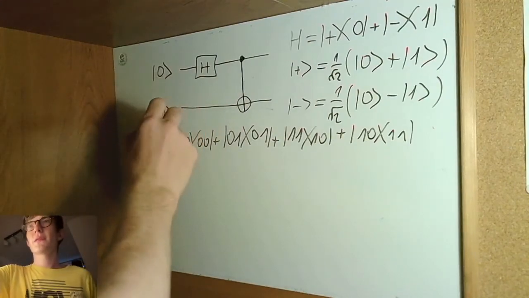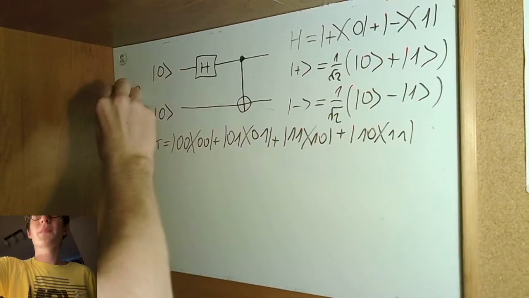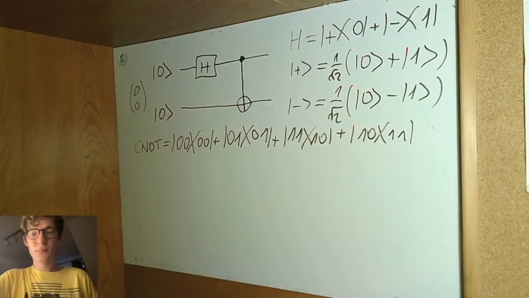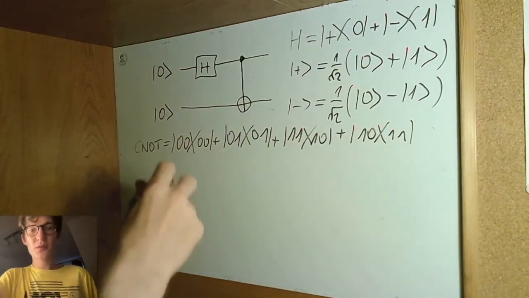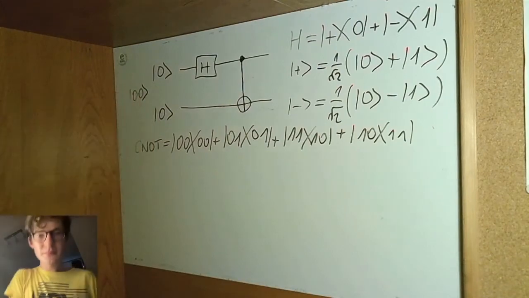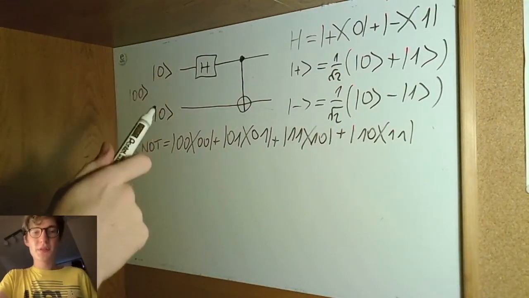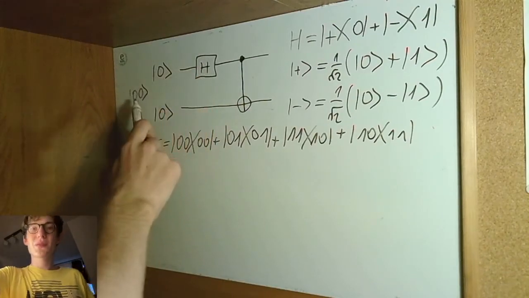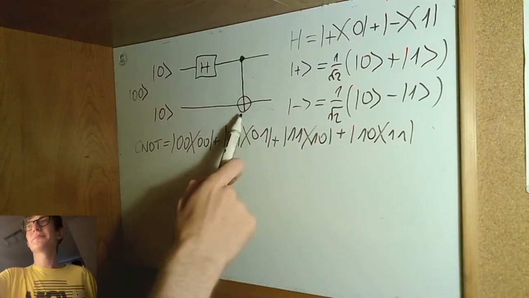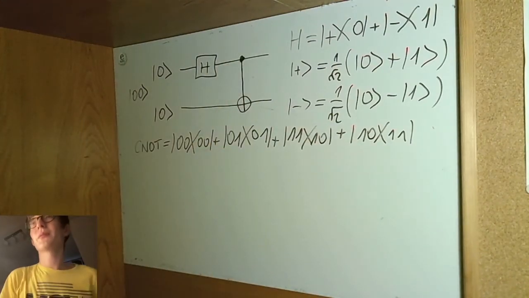We start with the 0, 0 state, and first we apply the Hadamard gate to the first qubit, and then we apply CNOT to the resulting pair of qubits.